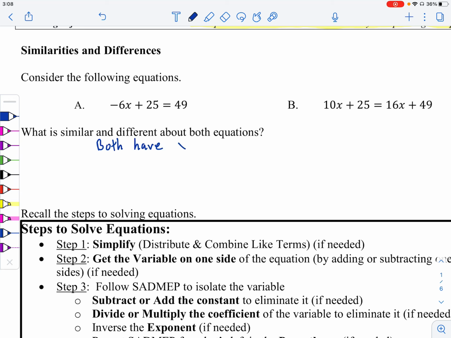right? So both have x variables in our equations. One has, so like A has the variable on the left, right?